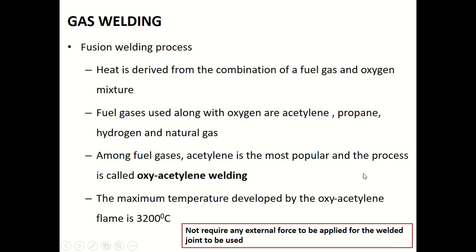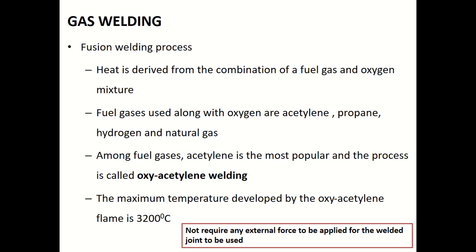Let's see, what do we mean by gas welding? Gas welding is a fusion welding process, as the name implies. In this fusion welding process, the heat is derived from a combination of a fuel gas and an oxygen mixture.